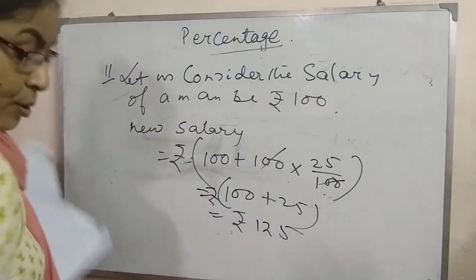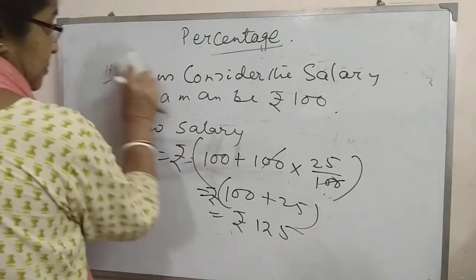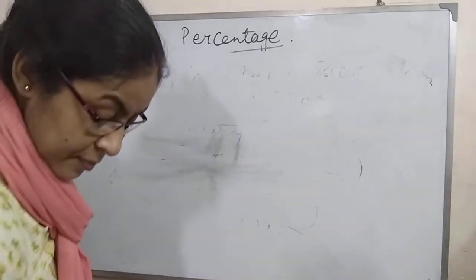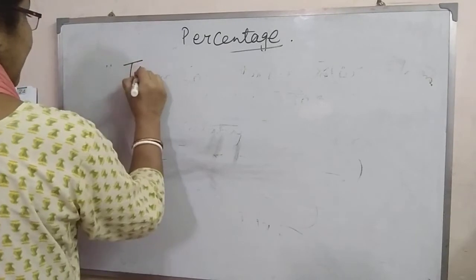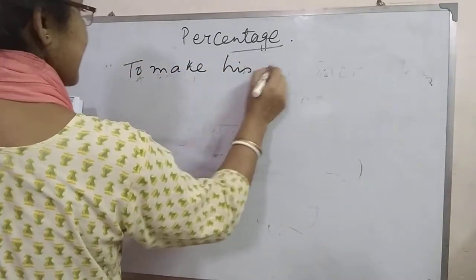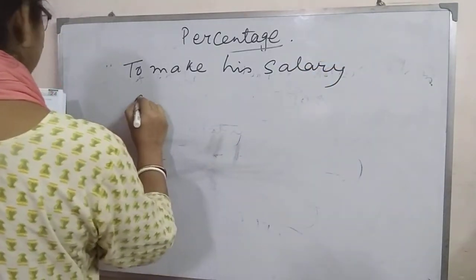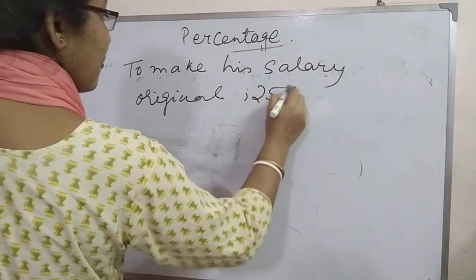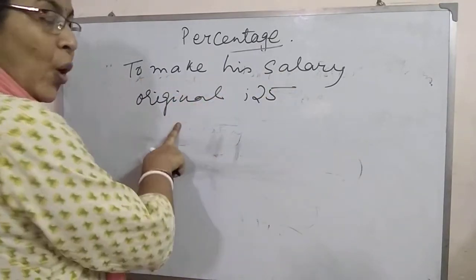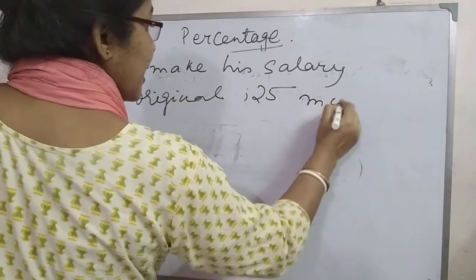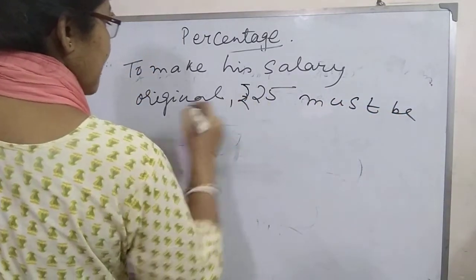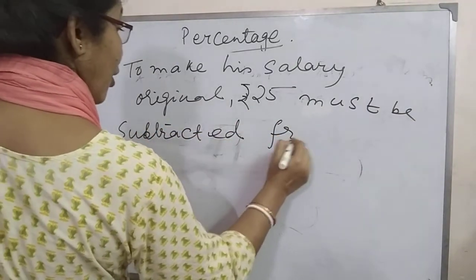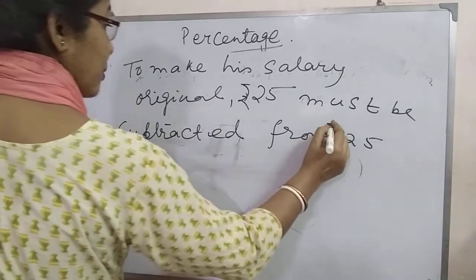Okay. And required question is to make his salary original, that is rupees 100, rupees 25 must be subtracted from rupees 125.